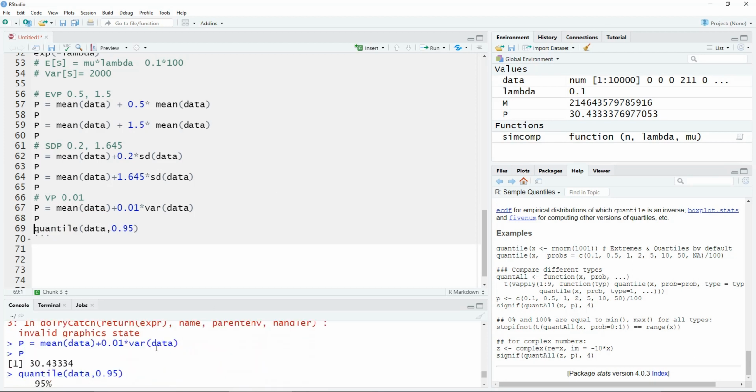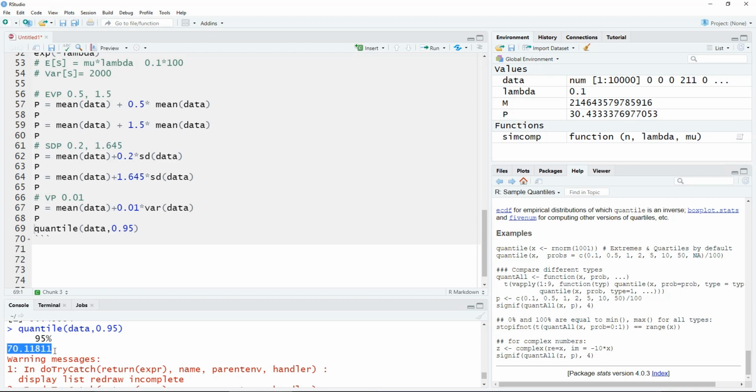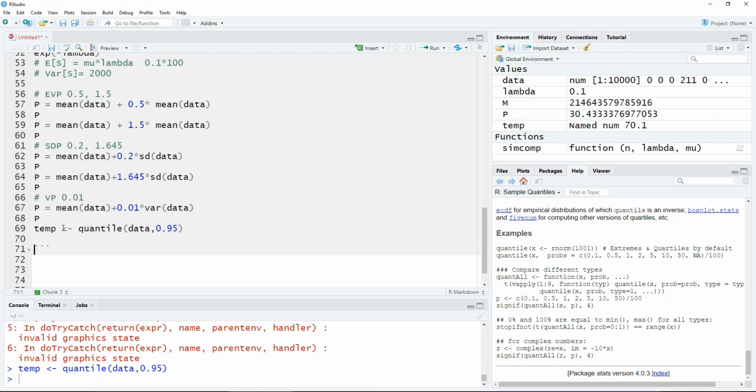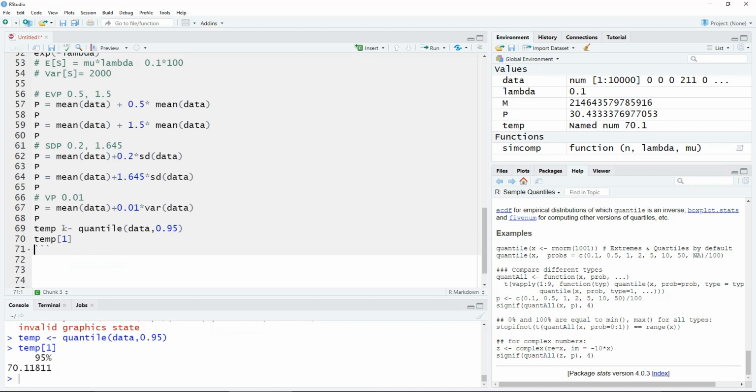Is it returning anything? So it returns 70. So we will use this temp to extract the quantile. Temp 1. Okay. So quantile 1.